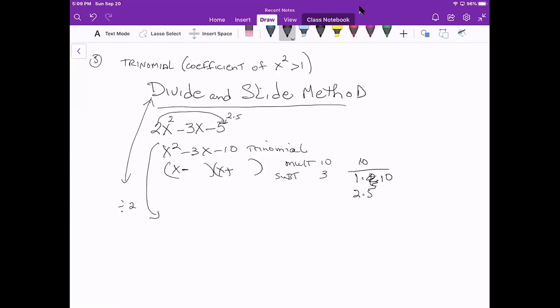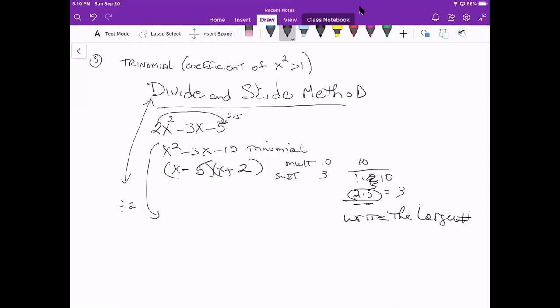I see the difference is 3 right there when I subtract them. Good. Now, you don't have to be concerned with the signs. Why? Because you write the larger number, 5, first, and then the 2. And look at it: negative 5x and a positive 2 is a negative 3.